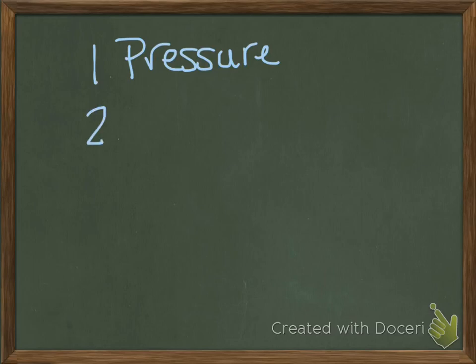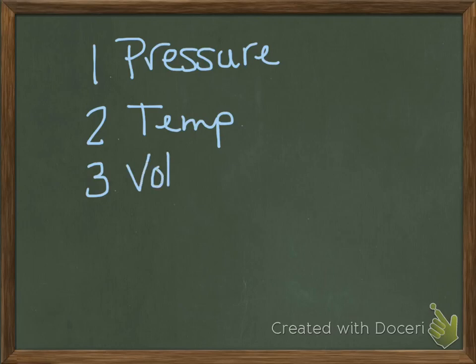The second factor is temperature. And if you recall, temperature is a measure of average kinetic energy, which is all about how fast those molecules are moving. The third factor is how much space those gases have to move in, and we call that volume, right?